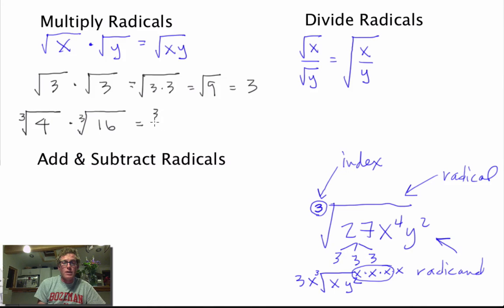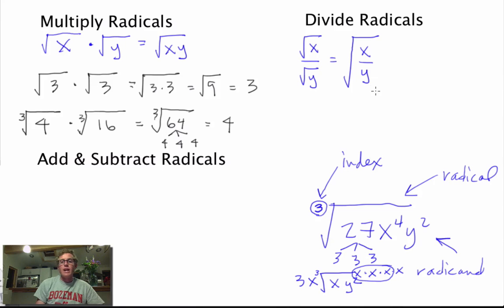And I can rewrite this as the cubed root of 64. When I break down 64, as it turns out, I get 4 times 4 times 4. Since I'm looking for a chunk of 3, because this index tells me I'm looking for a chunk of 3, the answer is just 4.